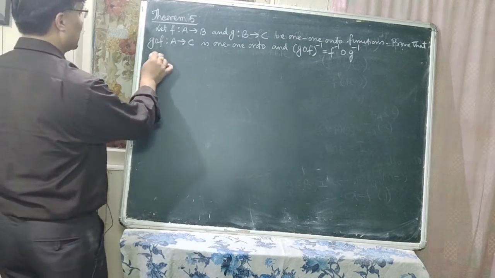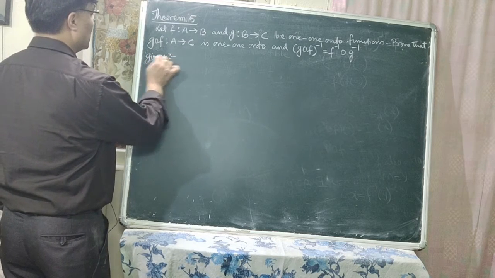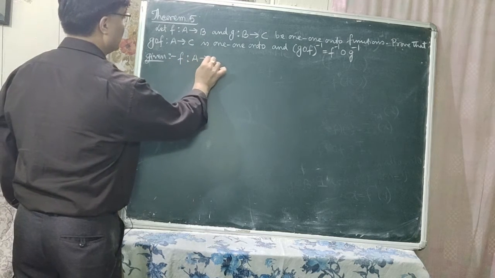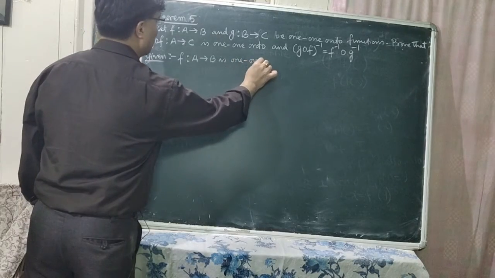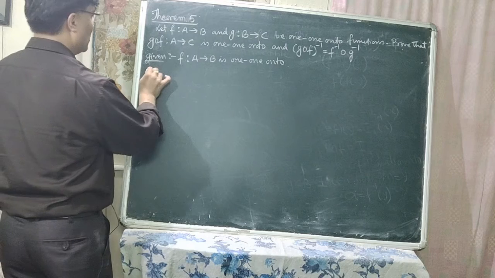So here given is f such that A to B is 1-1 onto.